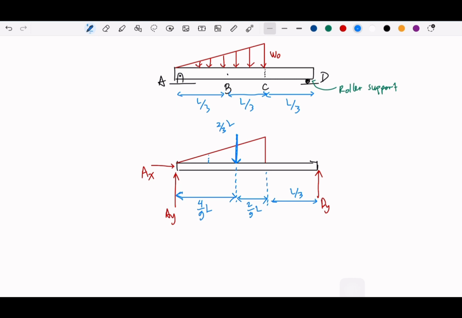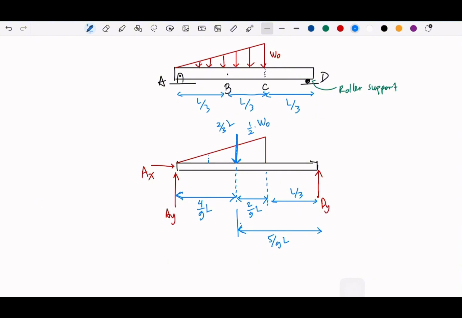And we could say this 2 can be taken as 1, as 5/9 L. And this will be half multiplied with the base and height.